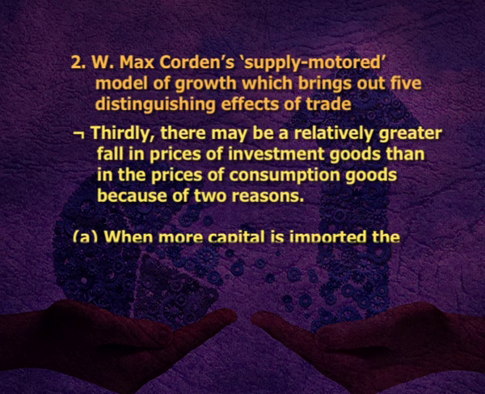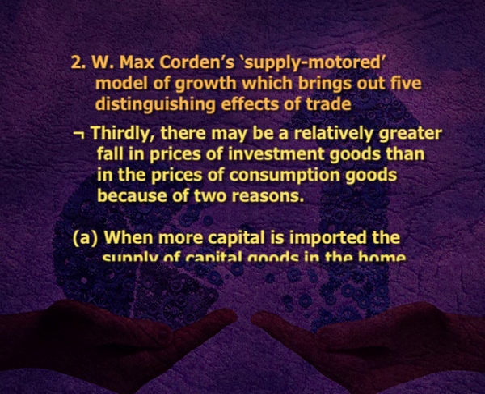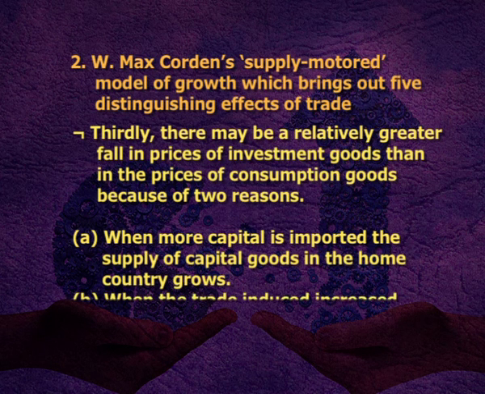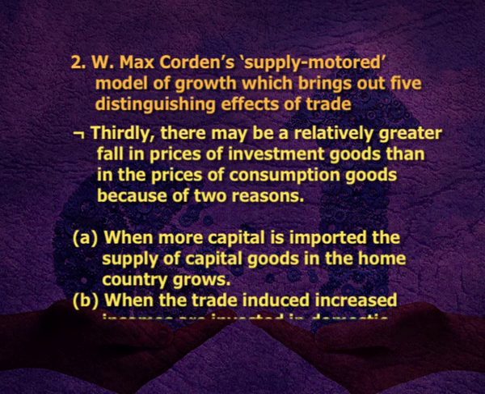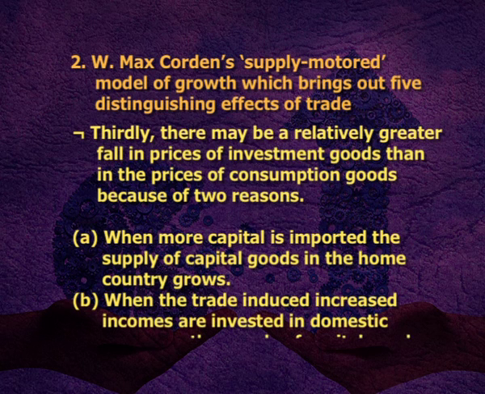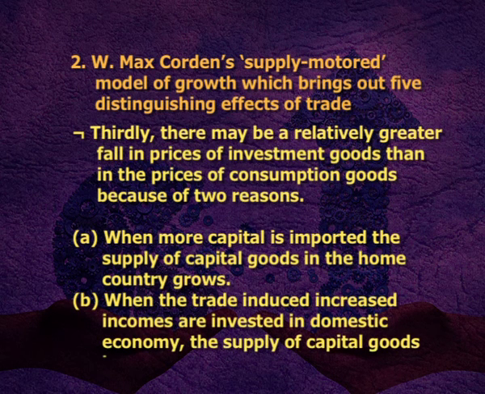A. When more capital is imported, the supply of capital goods in the home country grows. And B. When the trade-induced increased incomes are invested in the domestic economy, the supply of capital goods increases. This way, the ratio of investment to consumption rises and the rate of growth increases.